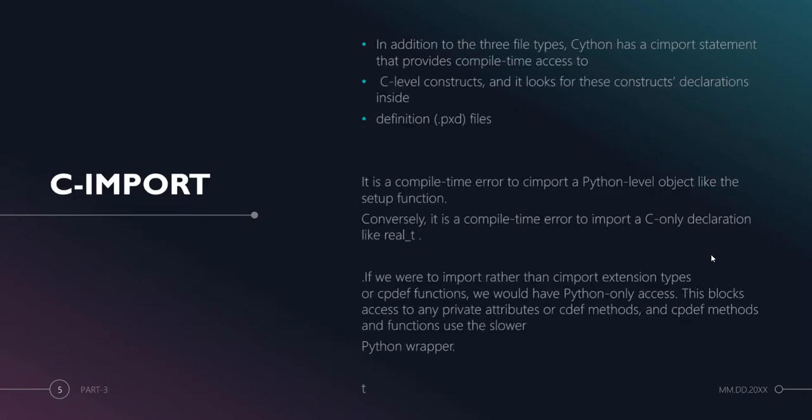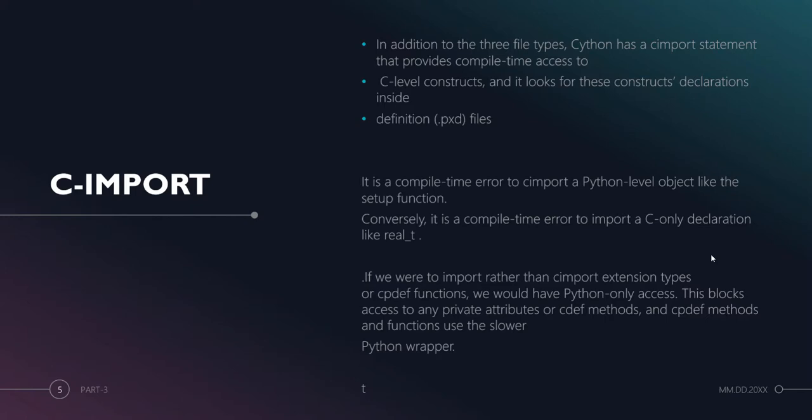So cimport, as I shared in the beginning, Cython supports import, but if you want to have more control in the Python and the C control access to the cdef and the internal C interfaces, you need to do a cimport. This cimport statement provides compile time access to C-level constructs, and it looks for these construct declarations inside the .pxd files. These .pxd files are what I explained in the previous section.